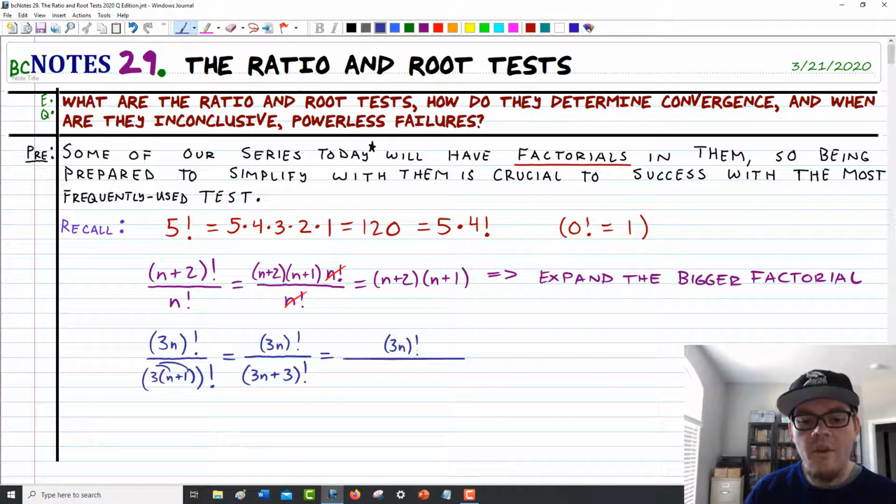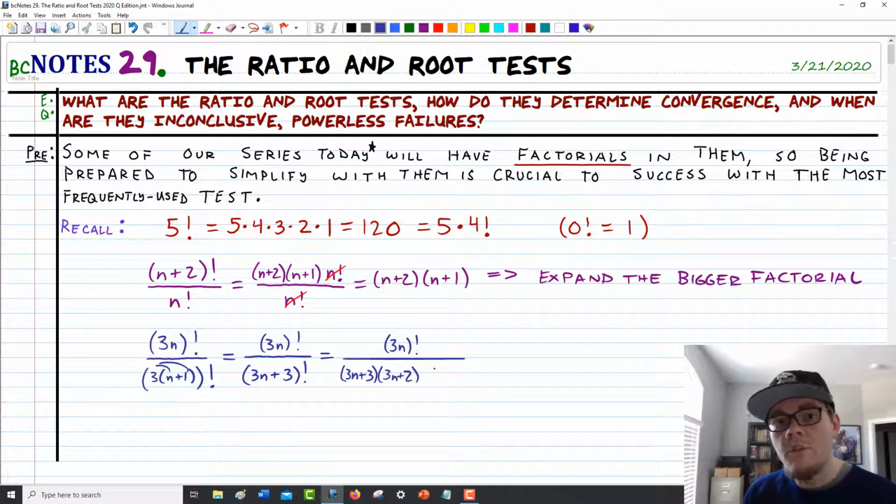So our numerator up top has 3n factorial. In the denominator, we can follow that same pattern we did up here. We can start with 3n plus 3, then multiply by 1 less than it, which should be 3n plus 2. Then we can multiply by 1 less than it, which is going to be 3n plus 1. At this point, you're probably like, this is taking forever, but no, it's going to stop right there.